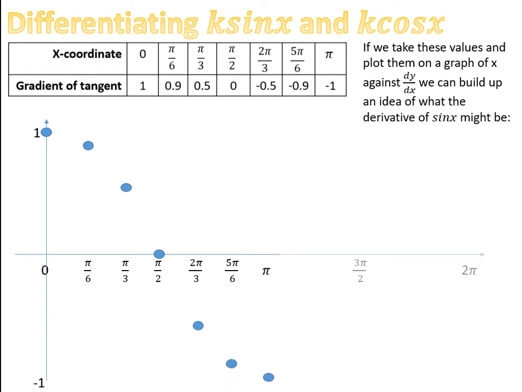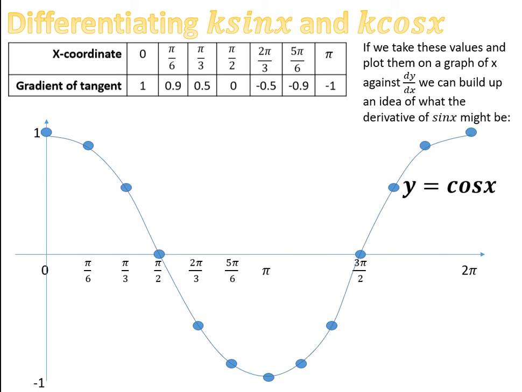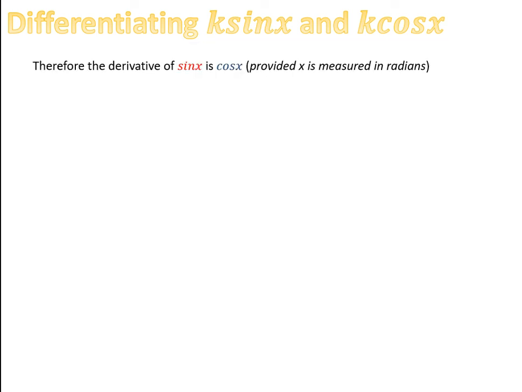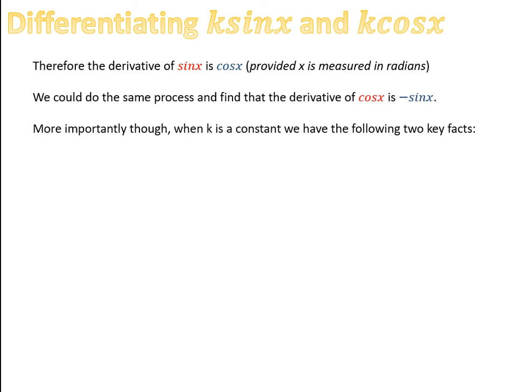And all that would happen is that these start going back up in the same way, and look at that. We have a graph of y equals cos x. What this is basically saying is that the derivative of sine x is cos x.